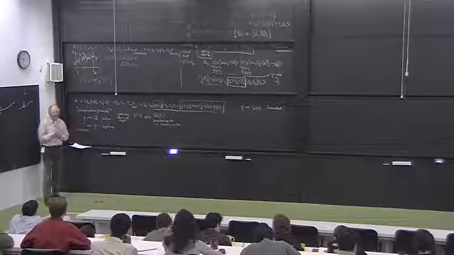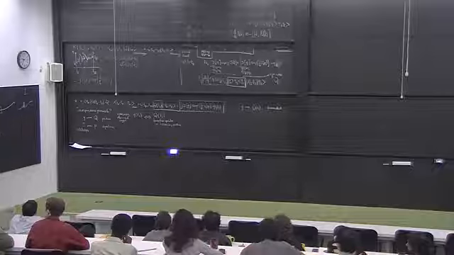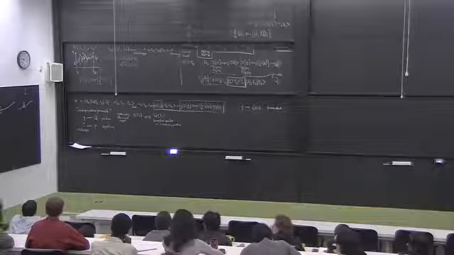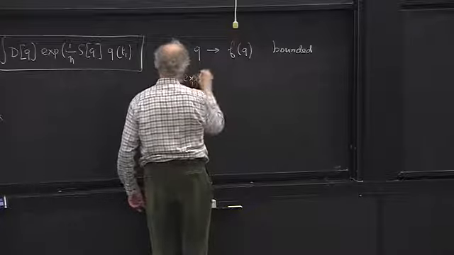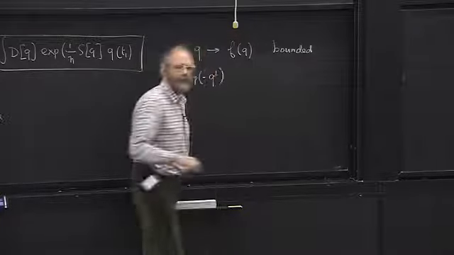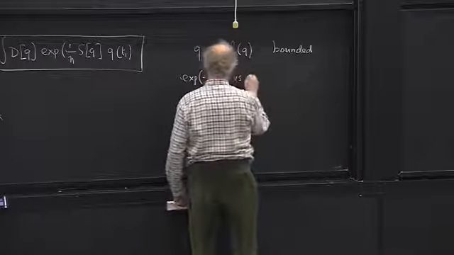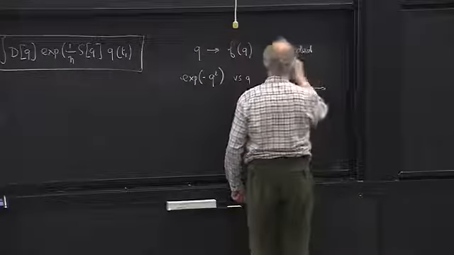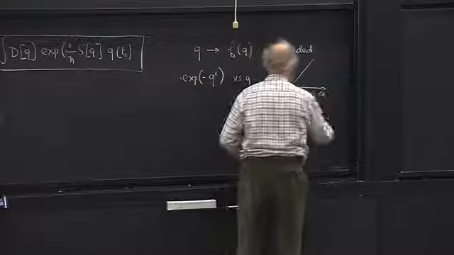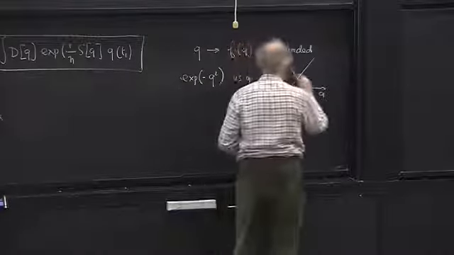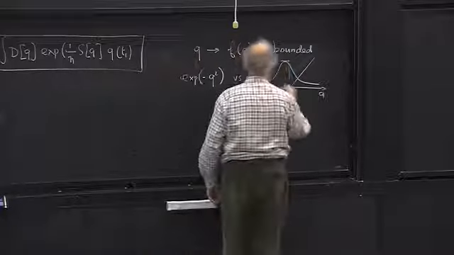Yes? So a function of an unbounded operator can be bounded itself? Of course. Y versus Q. This is Q. It's an unbounded function. This is f of Q. It's a bounded function. It varies between 0 and 1.